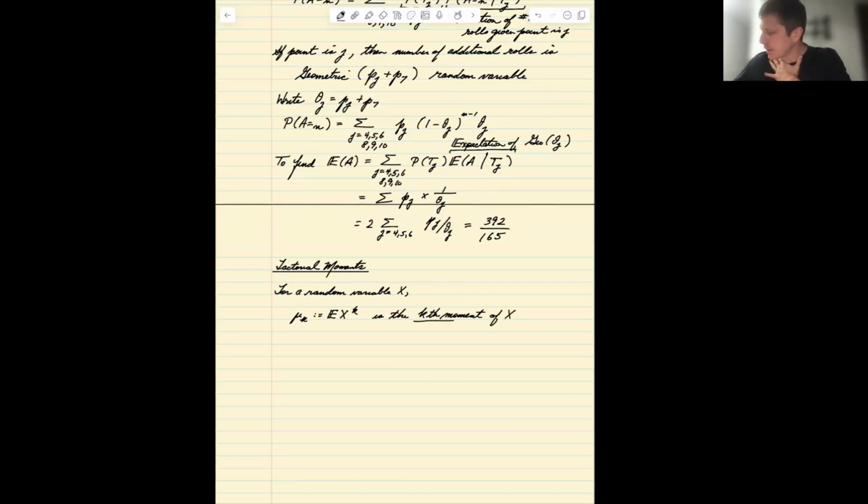Okay, so it's called the kth moment of x. And then we're going to define nu sub k to be the expectation of x falling factorial k. This is called the kth factorial moment of x.